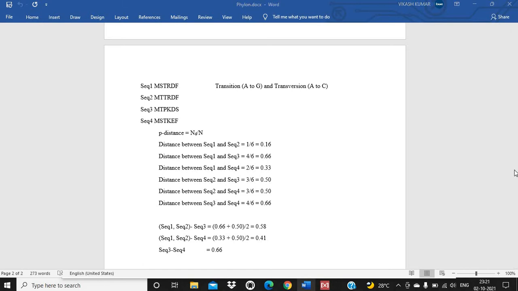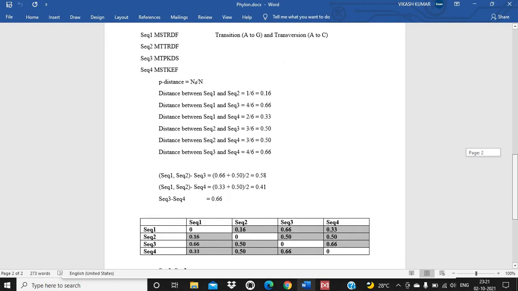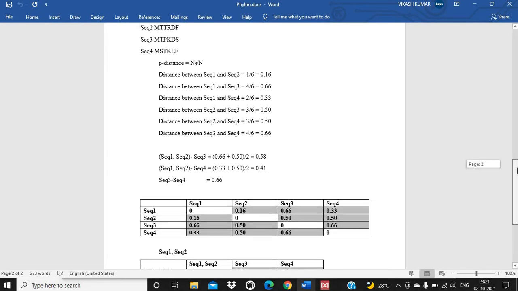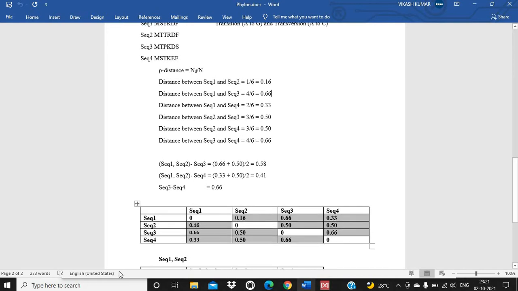So in the UPGMA method, once we have all the distances between pairs, we create a matrix. It's a matrix where I have labeled sequences 1, 2, 3, 4 in the rows, and in the columns we have sec1, sec2, sec3, and sec4.